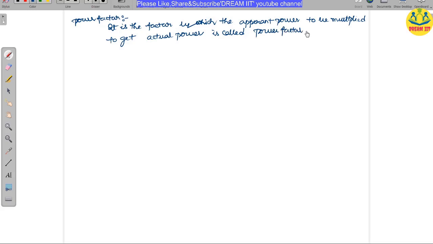So power equals V into I, which is the apparent power. To get the actual power we have to multiply with this factor, that is known as cos phi.